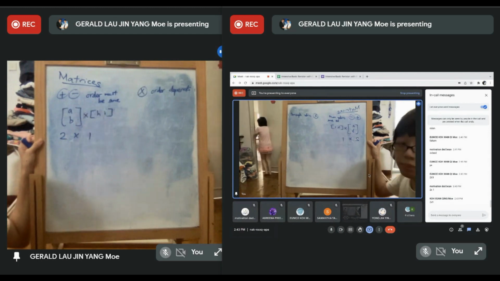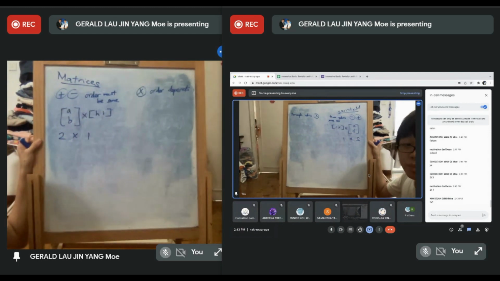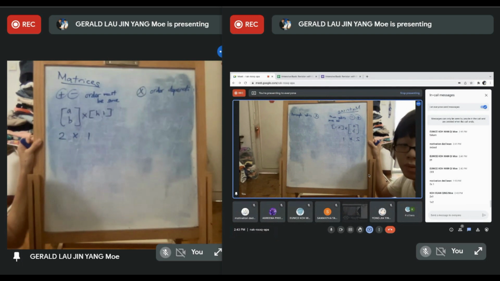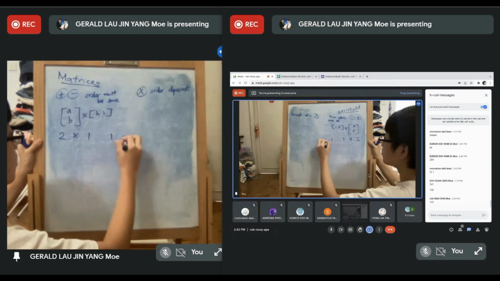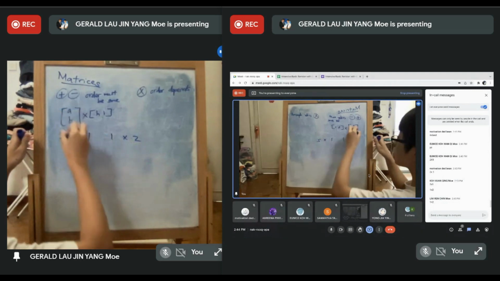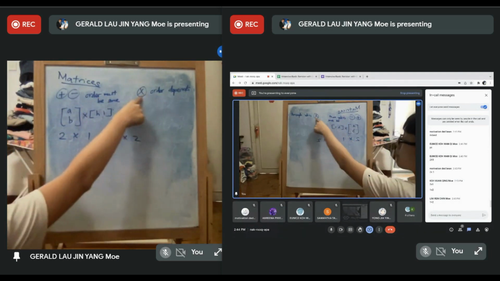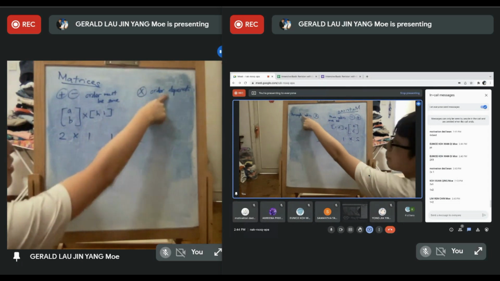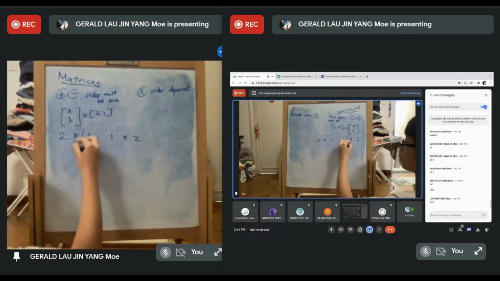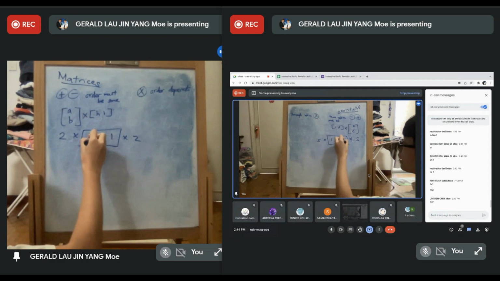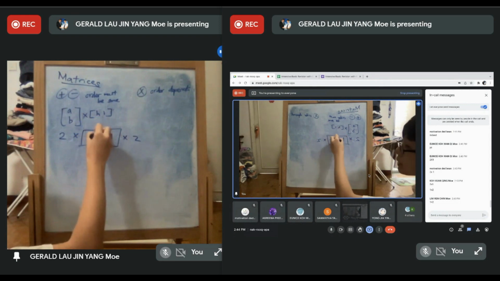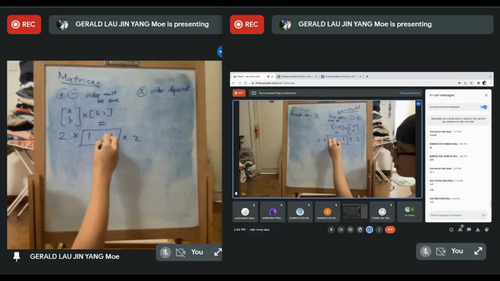Order of the second matrix? 1 times 2. Good. 2 rows, 1 column. 1 row, 2 columns. To multiply, your order depends on this: the inner numbers must be the same. If it's not the same, you cannot multiply.